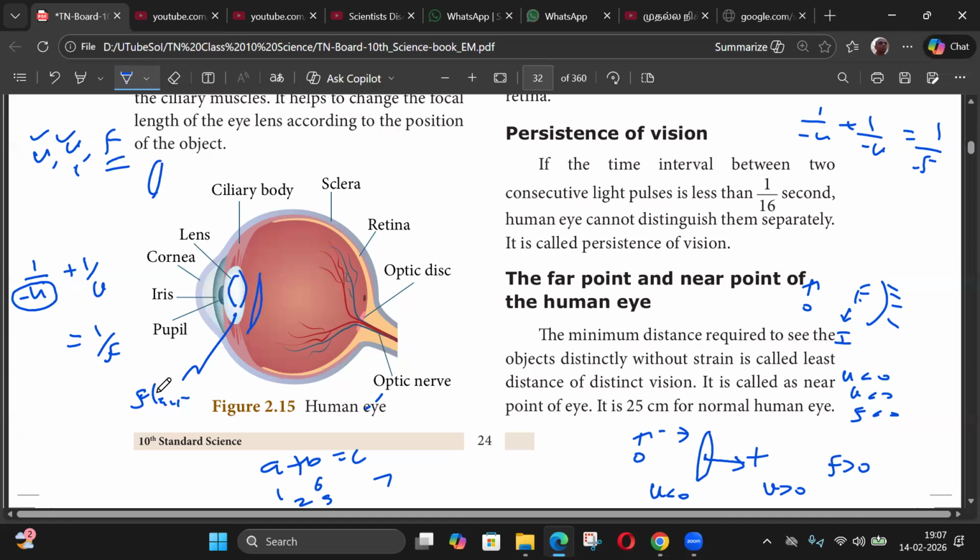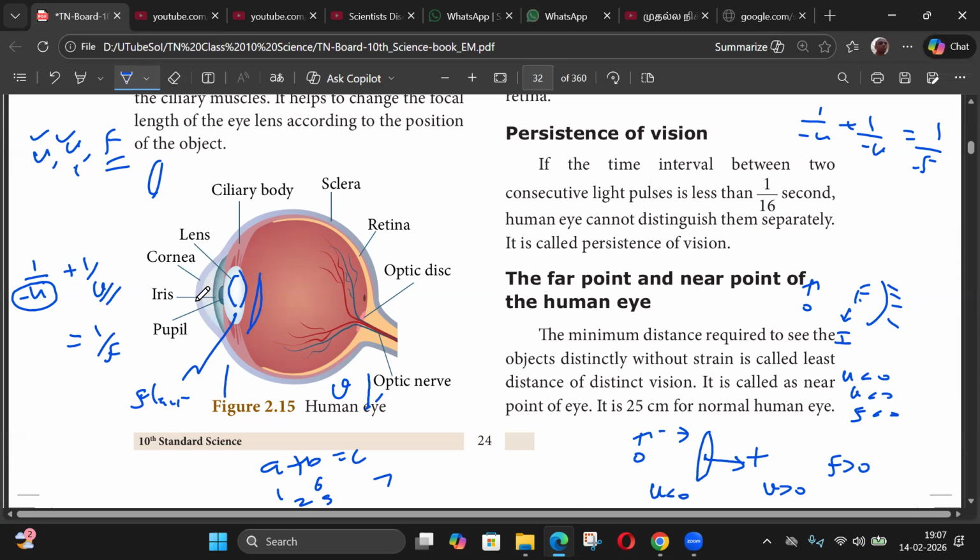That way the focal length is variable. What is fixed here is the distance between the lens and the screen, V. You cannot change it unless you damage the eyeball. So here V is fixed, and U and F can change. F is changing because it's a flexible lens.